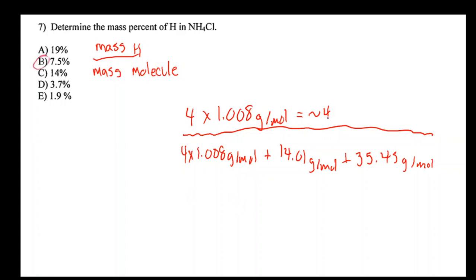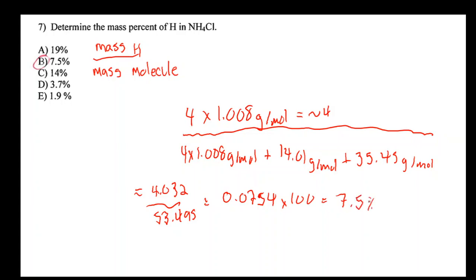So then you just take your top 4 divided by that, and that would be what, Grace? That gives 4.032 divided by 53.495. And then dividing those two gives 0.0754. And then you have to multiply that by 100 to get your percent, which gives you 7.5%. Which thus means the answer would be B.